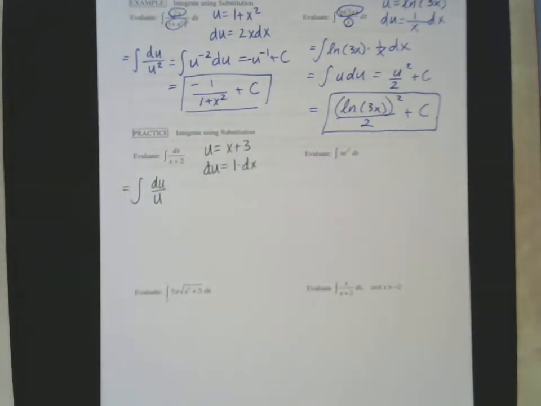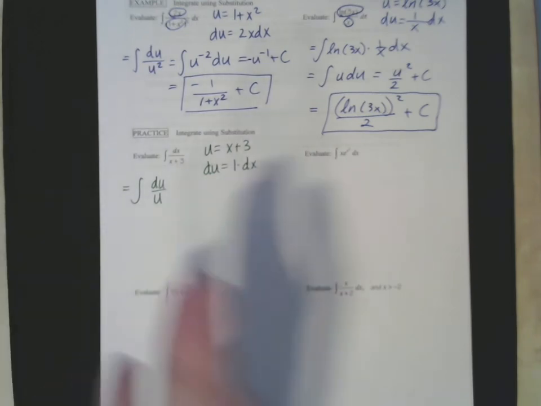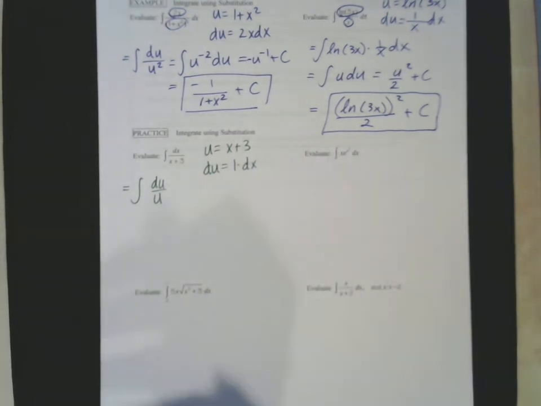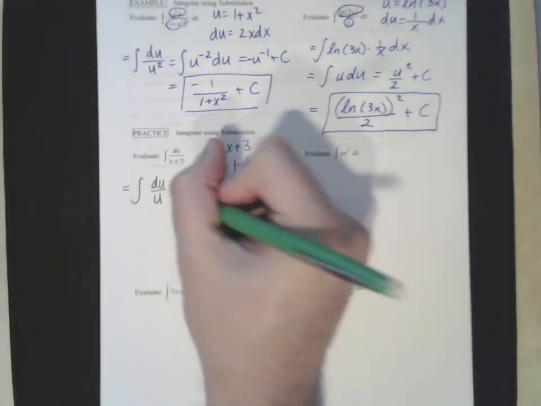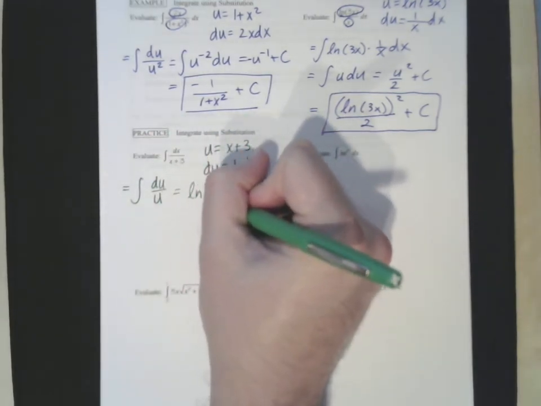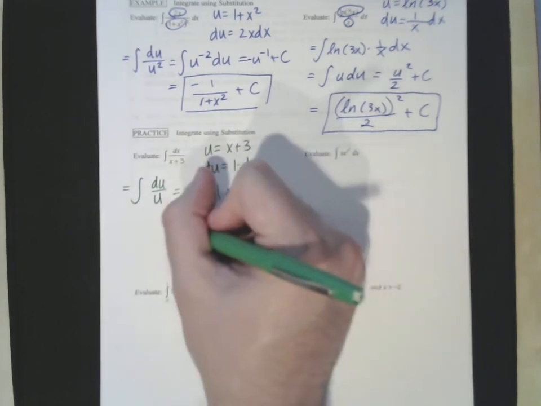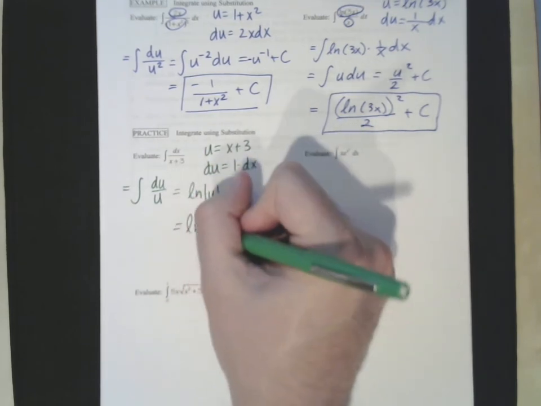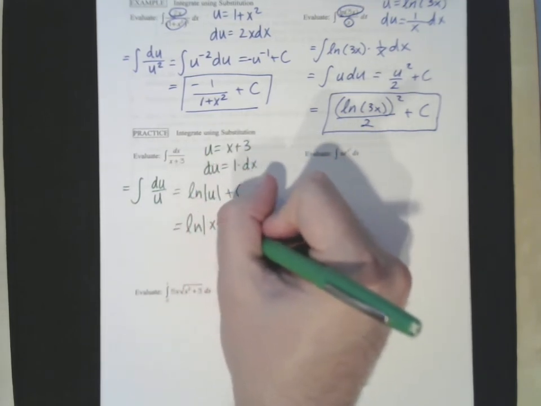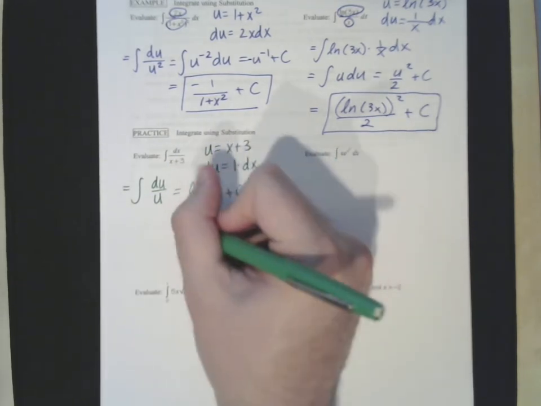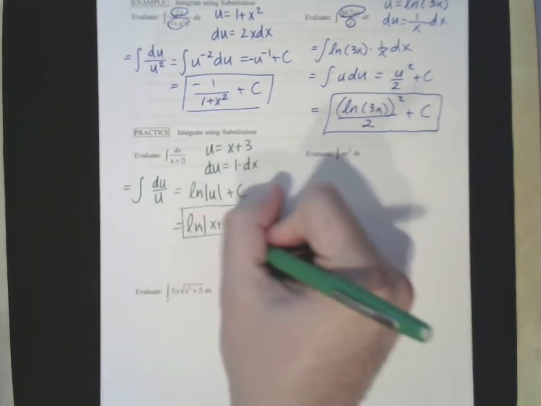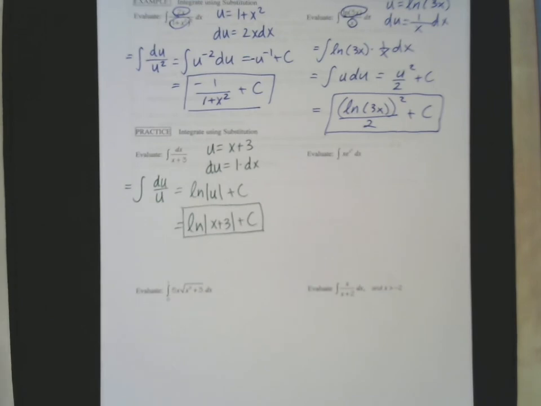I can look at my 3 options: u to the r du, du over u, or e to the u du. I have du over u, so I know I've done this right. So this is ln absolute value of u plus c. Switching back to x's, this is ln of absolute value of x plus 3 plus c. That's our antiderivative.